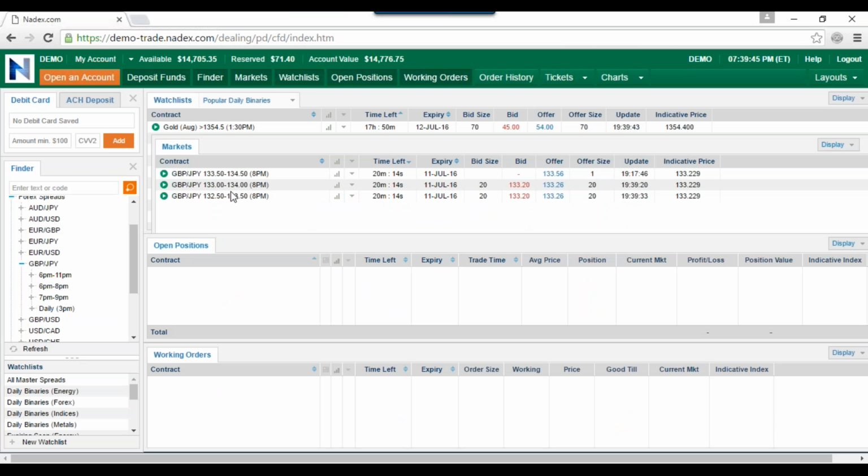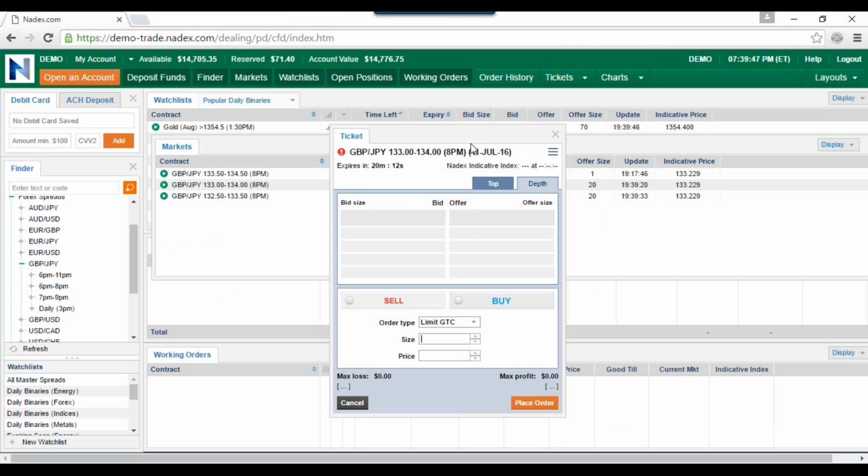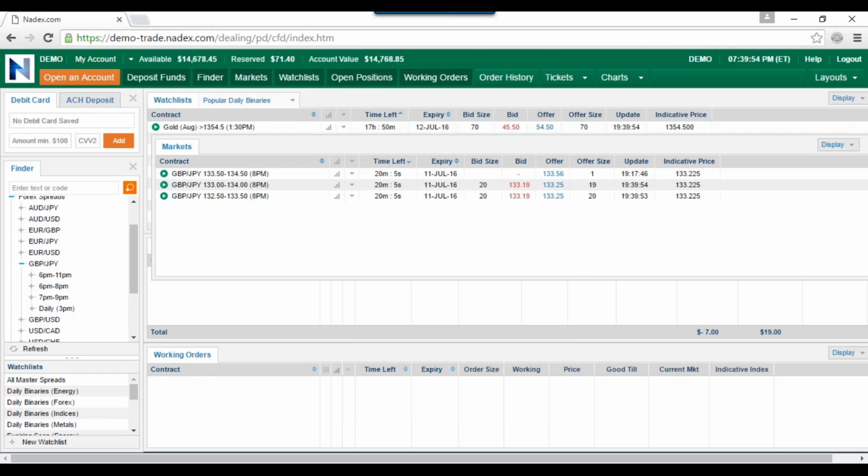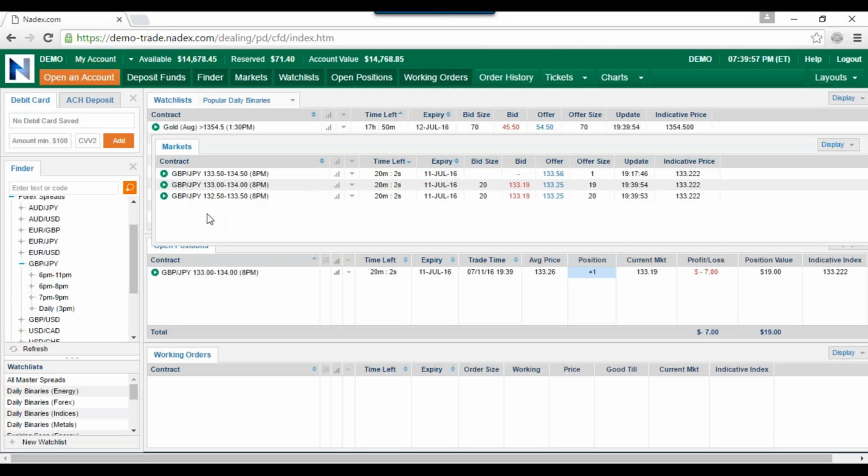So in this example right here, let's just say I bought this spread right here, okay? This spread is from 133.00 up to 134.00, right? Where did I buy in at? Average price, I bought in at 133.26.